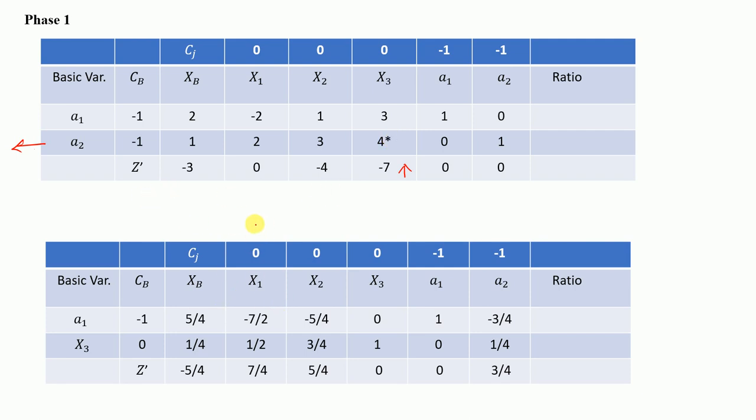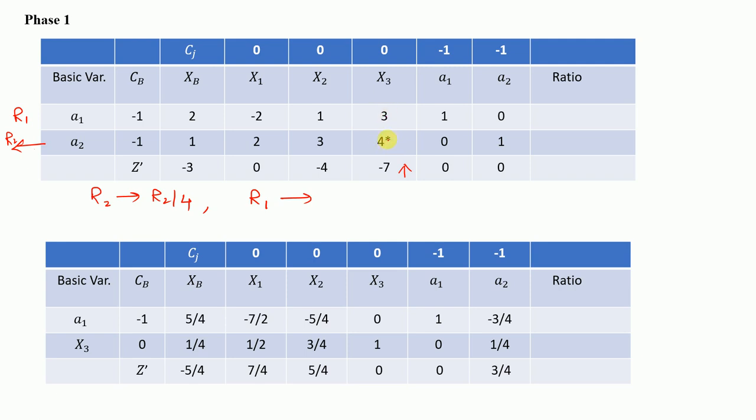I have already calculated. So what will be the rules for this one? Now look at this, suppose you write it r1 and suppose it is r2. So what will be the rule for r2? You have to make it 1, so r2 divided by 4, you will get the rule for r2. Now for r1, look at this, you have to make it 3 into 0 with the help of this one.